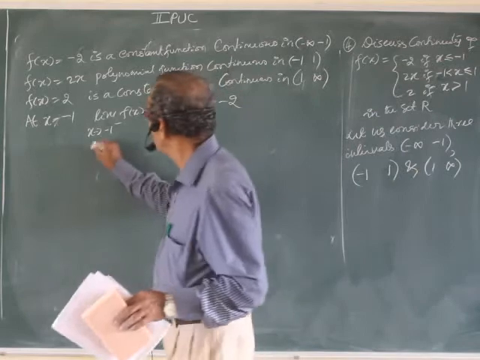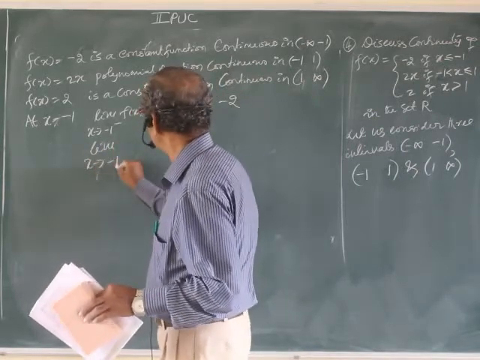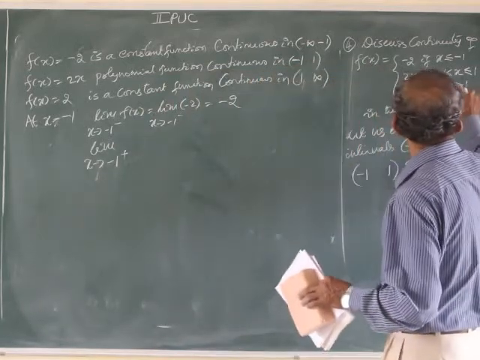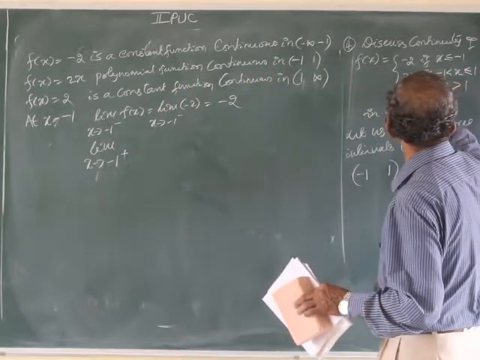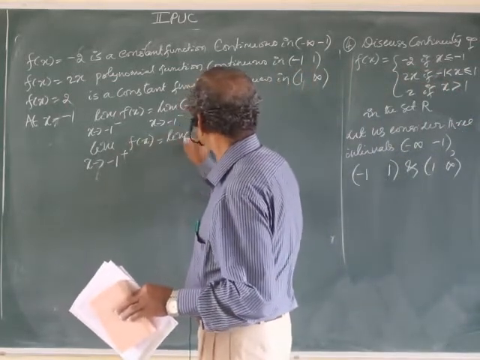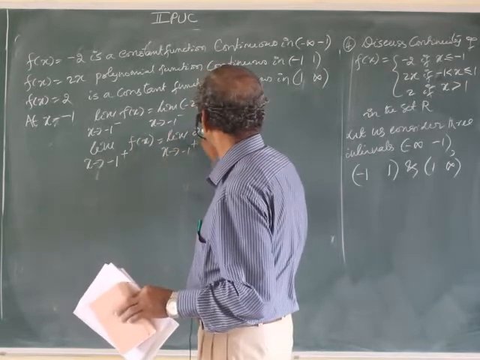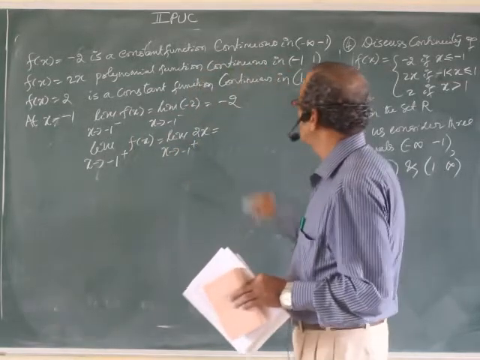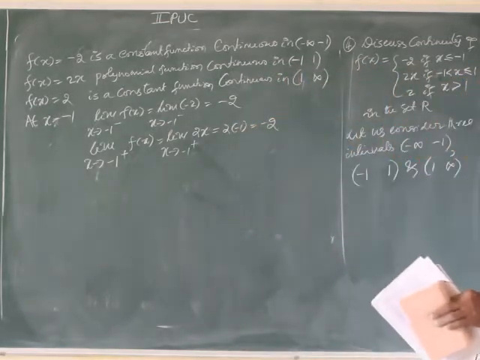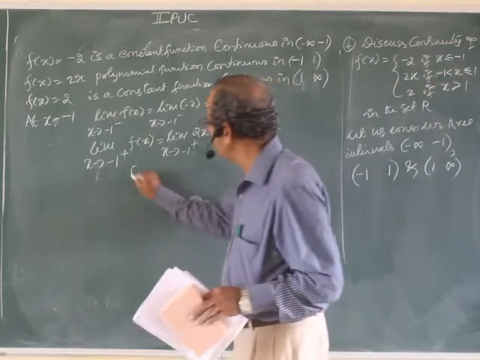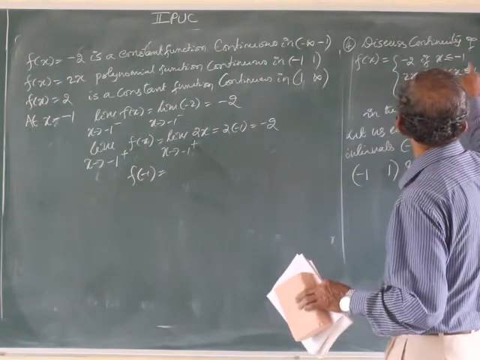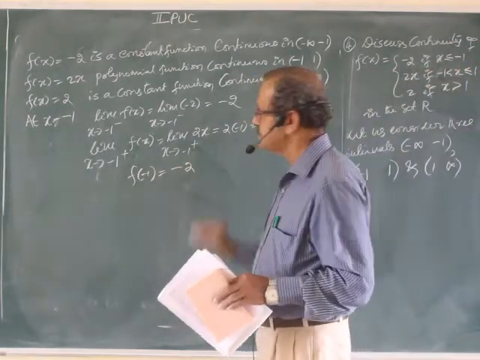Positive side, limit x tending to -1 from the positive side, x greater than -1, this one, 2x, 2 into -1, -2. f of -1 is -2.